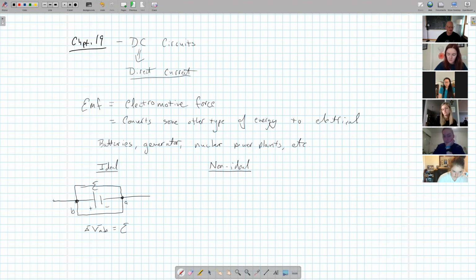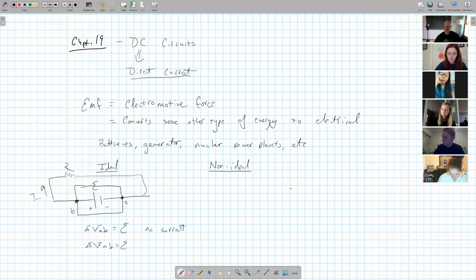So even if I connect this to something like a resistor, so that I have current running through the circuit, so this is with no current, even when I run current through the system, in this case, the potential difference is still just simply equal to the EMF. So in this case, the ideal battery or the ideal EMF maintains the same potential difference at all times, even if I have this thing running current through a resistor.